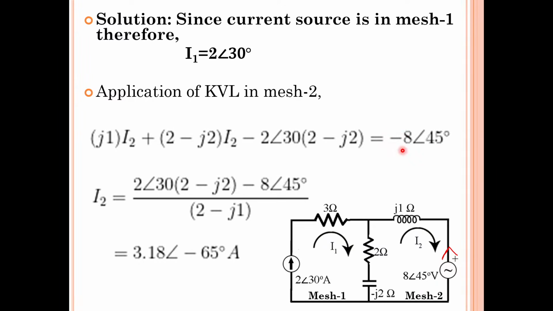Because its direction is opposite to the direction that we have assumed, which is given in the question itself. Both the current coming out of the source and the loop current direction are opposite. That's why we have assumed minus here. For 1 second, I will go back to the previous numerical problem.